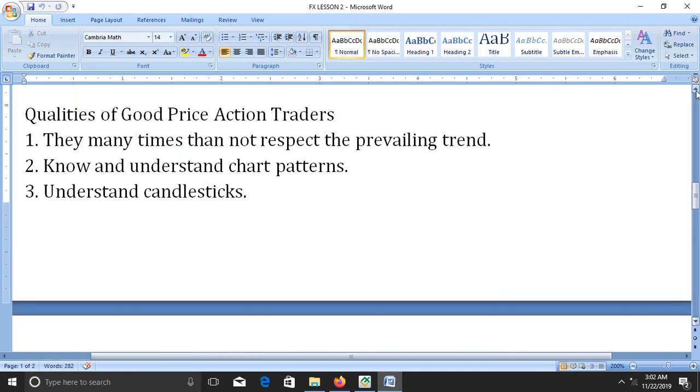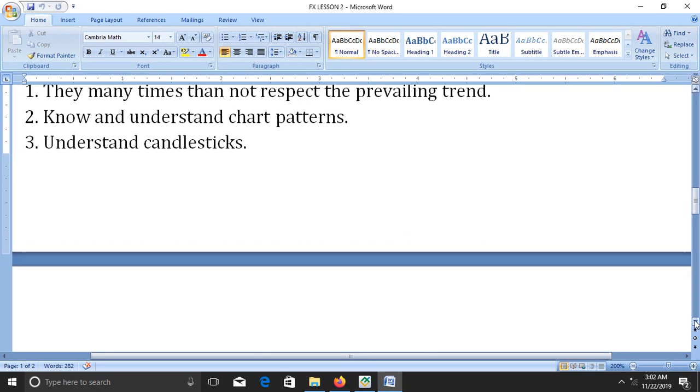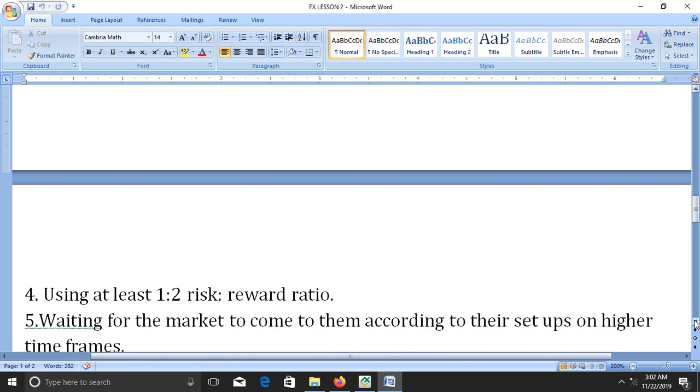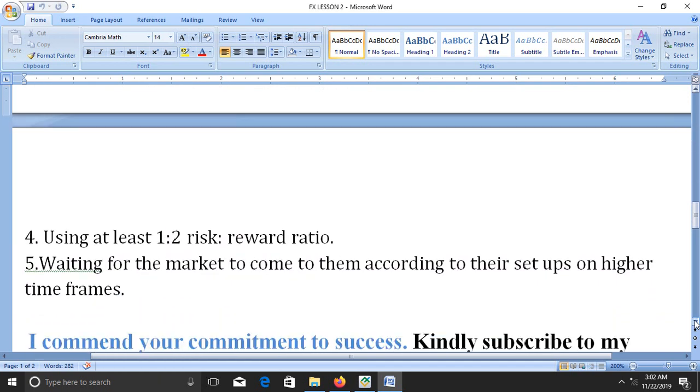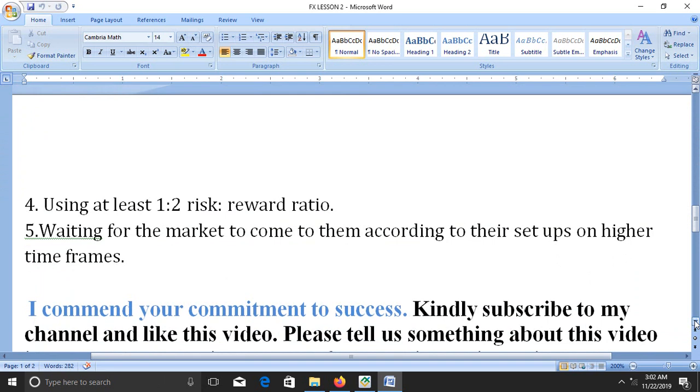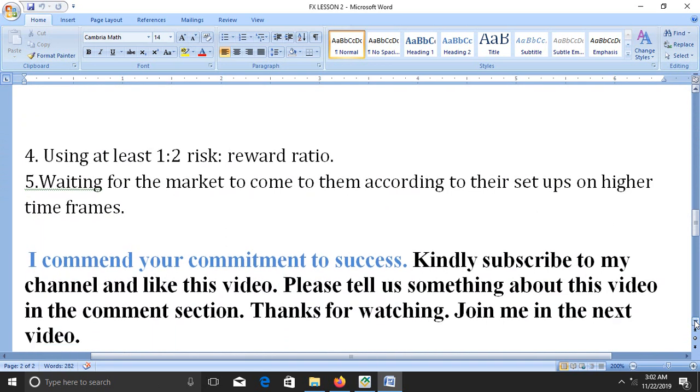So once again, these are the qualities of a good price action trader. Okay, make sure you know them. And then I would also like to let you know that price action trading is not what? Price action trading is not a get rich quick scheme. It's not a holy grail.